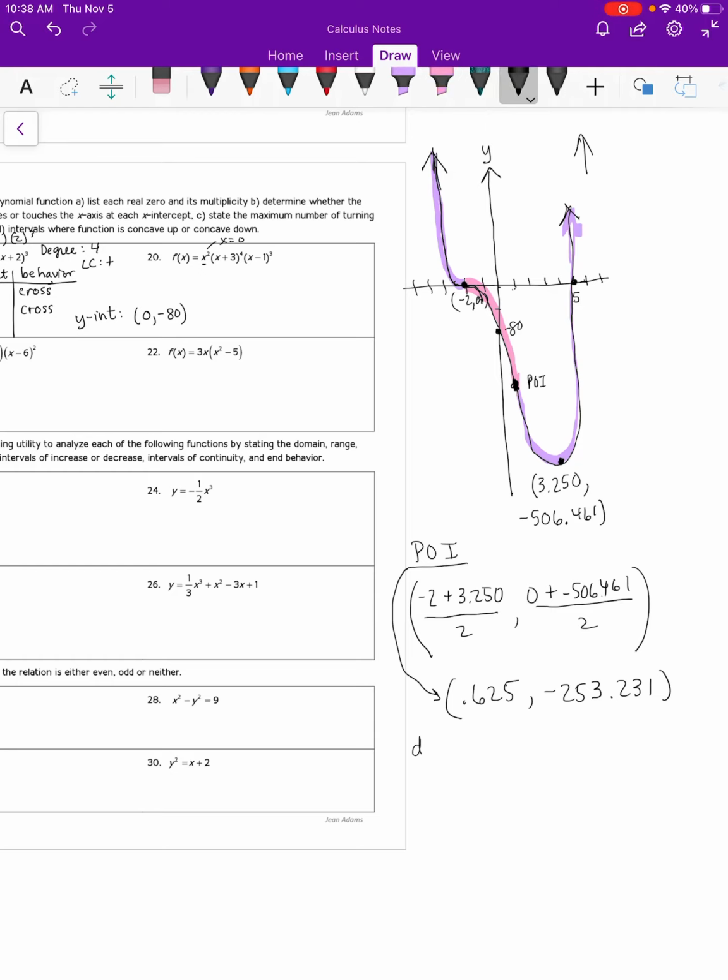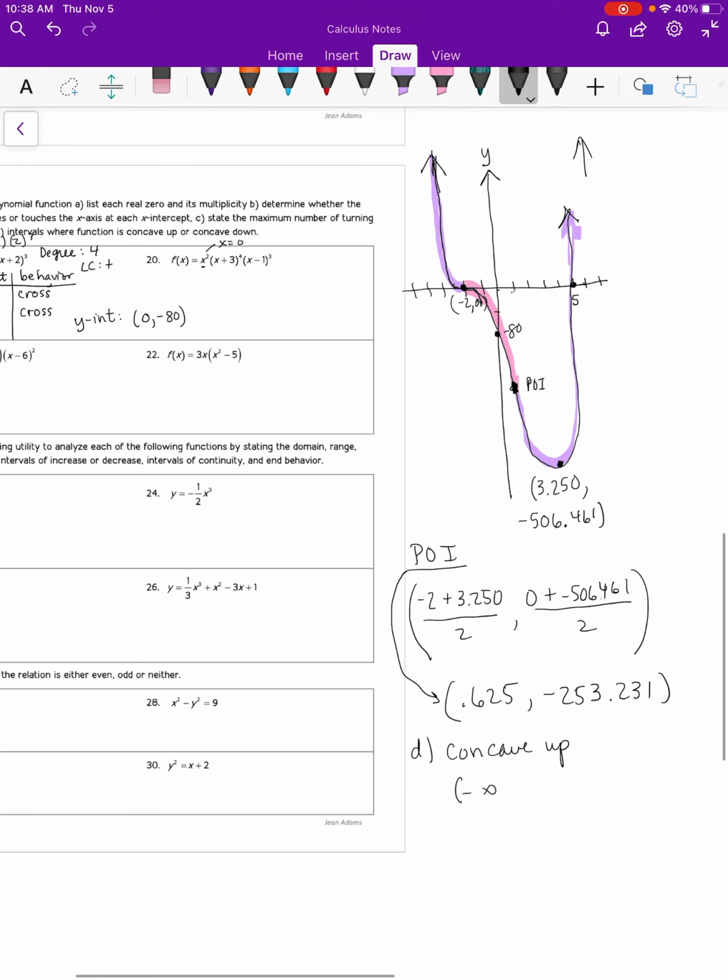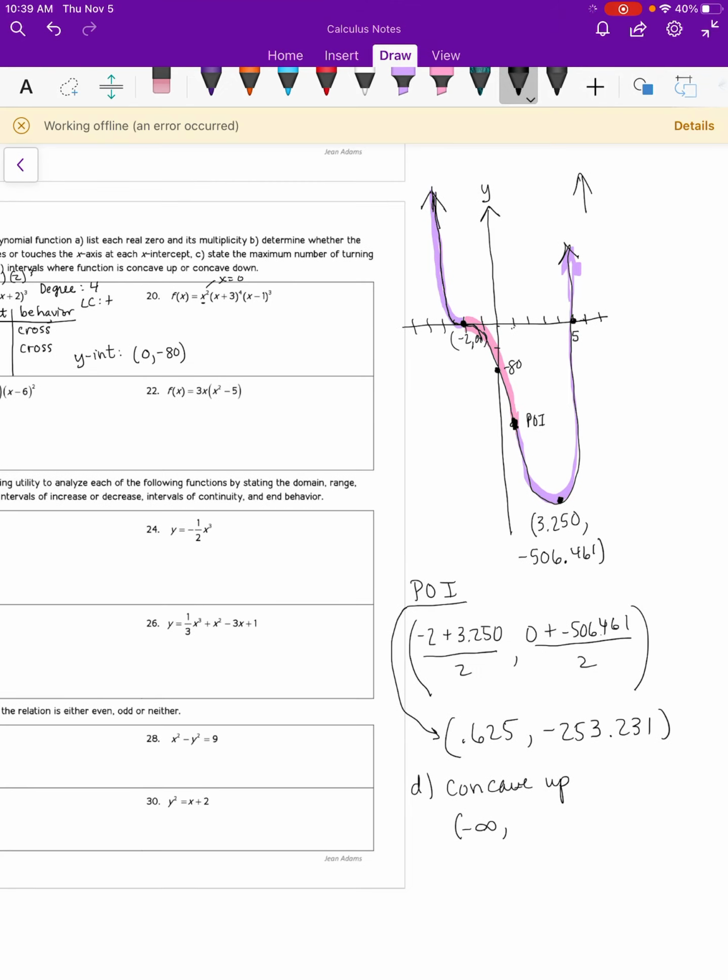So for part D of this number 19, your concave up intervals are negative infinity to negative 2, and then also, since this point of inflection is at 0.625, 0.625 to infinity, and your concave down interval is just from negative 2 to 0.625.